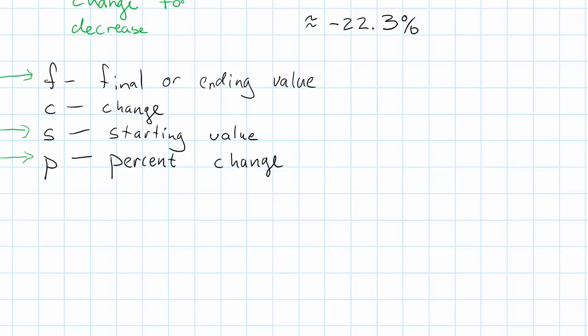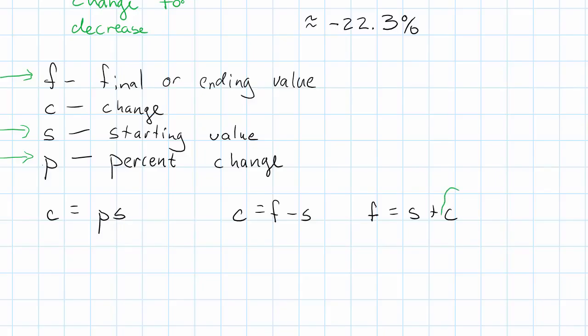We have these 4 variables that interest us, and just from the percent equation we know that the change is the percent change times the start. Now earlier we got rid of the change by saying that change equals final minus start. Now we're going to use a different version of that equation that says that final equals start plus change. How does that help us?